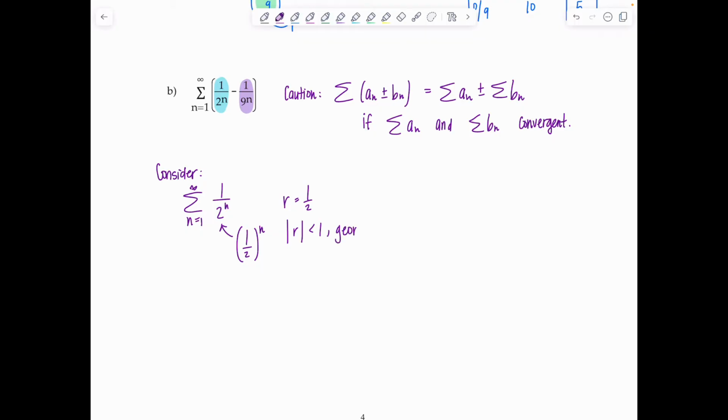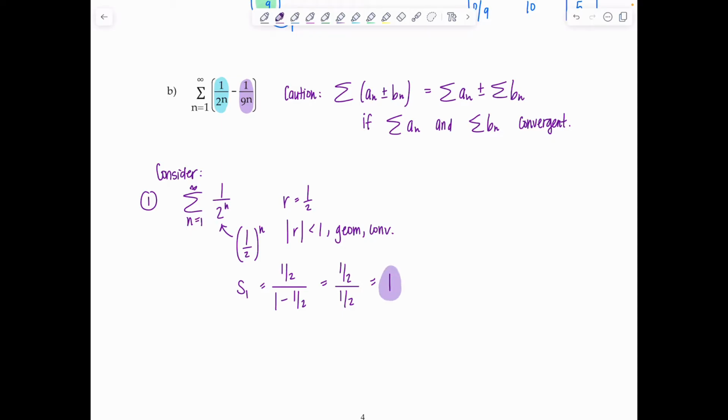This is geometric, it converges. The sum, I'll say sum 1, is going to be the first term, 1/2, over 1 minus r, which was also a half. So I have a half over a half, which is 1. Save that on the back burner.